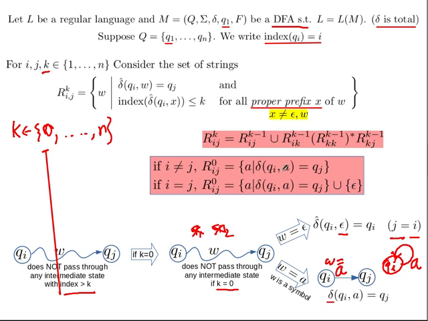And here you can also have a transition on a single symbol, but you cannot have epsilon here, because if these two are different, you cannot have an epsilon transition since we have a DFA. So here there is no question of epsilon. For i equal to j, you always have this epsilon, and on top of that, if you have a loop like this, then you have something from this component also, right? So this defines the sets for k equal to 0, and once we have this for all ij, we can define it for k equal to 1 for all ij, then k equal to 2 for all ij, okay?